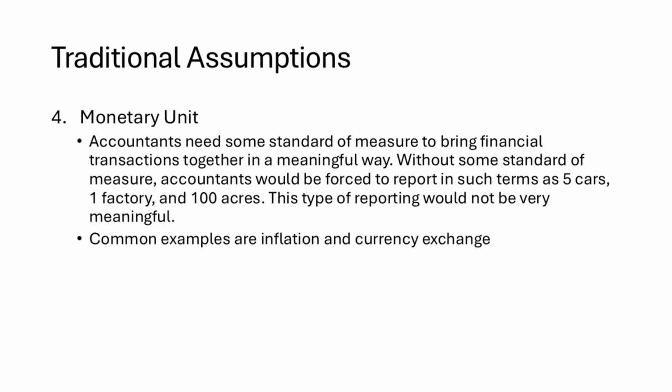Financial transactions may be measured in terms of money in each country, but the statements from the various countries cannot be compared directly or added together until they are converted to a common money unit, such as US dollars. For Taiwan, we must use the New Taiwan dollar, or for China the renminbi. The other example is inflation.